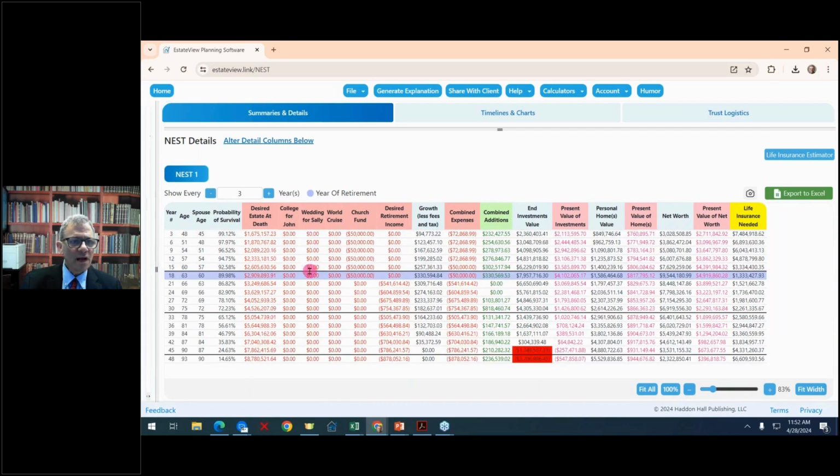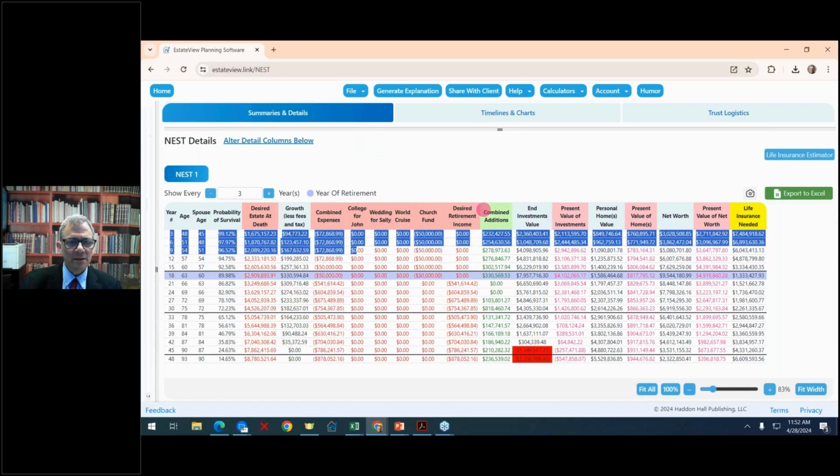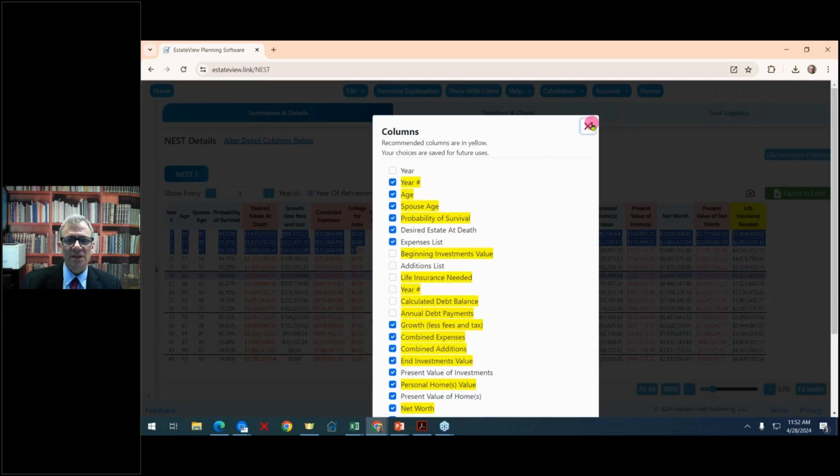And I can move columns around. If I want the wedding for Sally to come after combined expenses, I can just click on it, move it there, and maybe I can't do that. So erase where I started saying that I could move things around, because I can't.